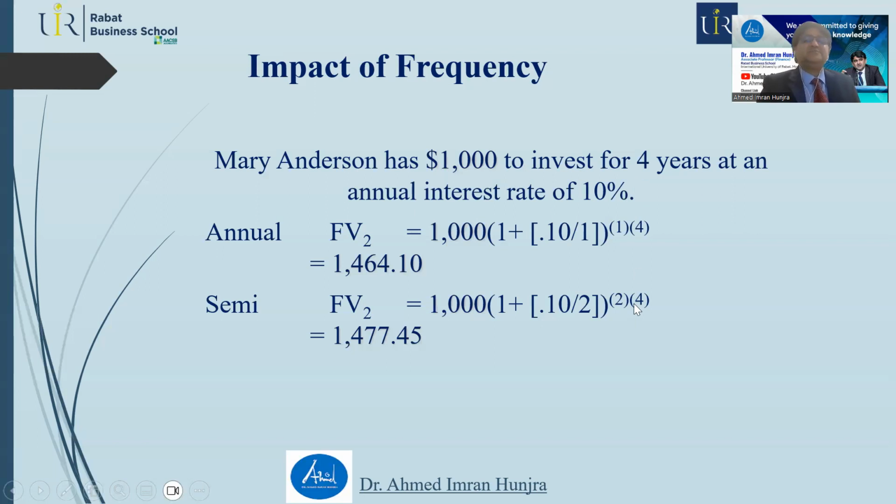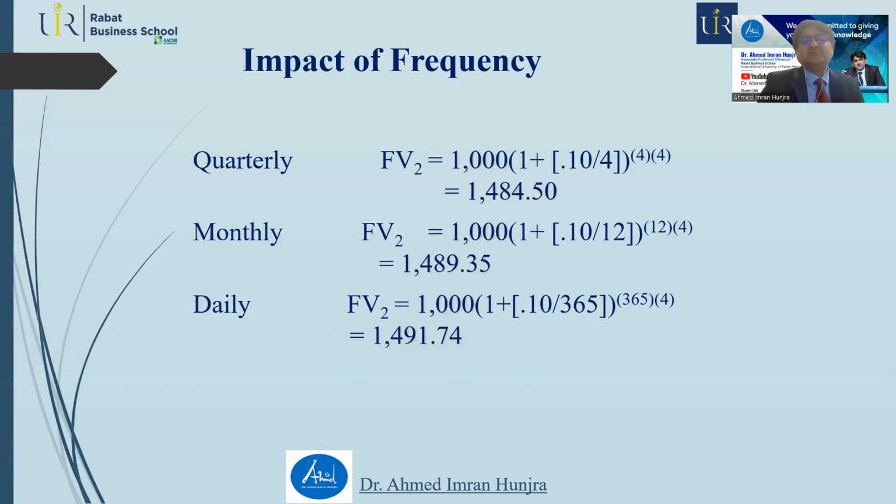Time will be multiplied with the frequency of compounding, and I will be divided by the frequency of compounding. The more the frequency of compounding, the bigger the future value. For example, quarterly frequency is more, and I will be divided by 4 and time multiplied by 4. We are getting a larger value.